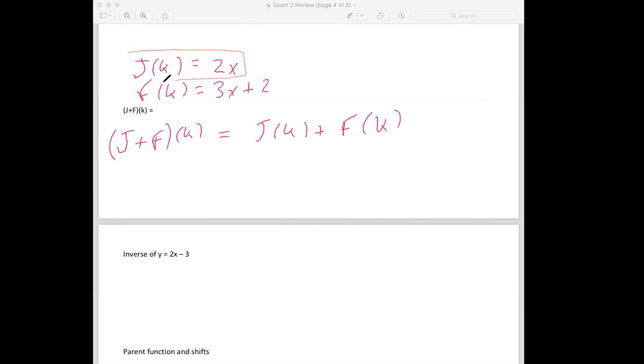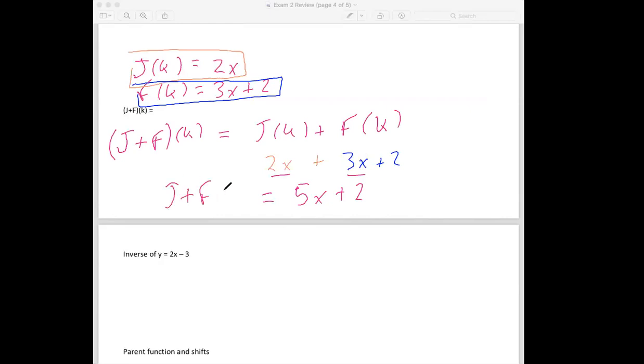And we'll just substitute these things in. j of x is 2x, so this becomes 2x plus f of x is 3x plus 2, so we write 3x plus 2. Combine these two things, and we get 2x plus 3x, so 5x plus 2 is equal to j plus f of x.